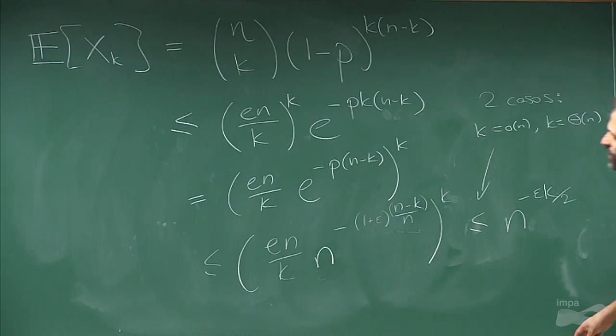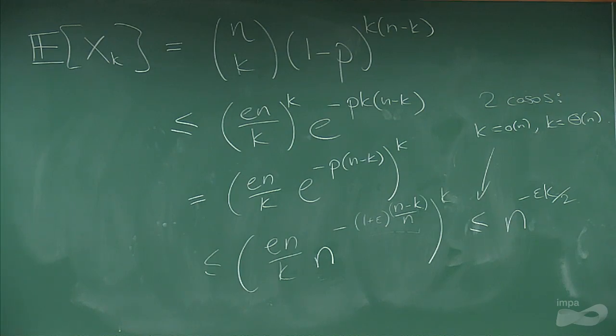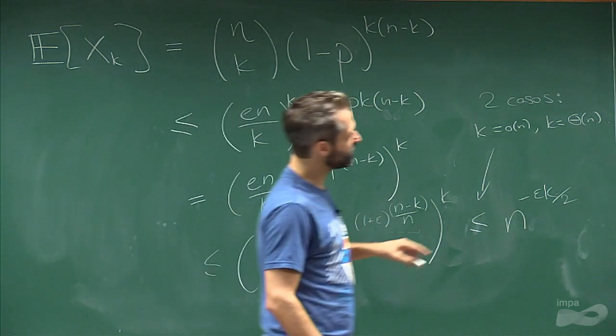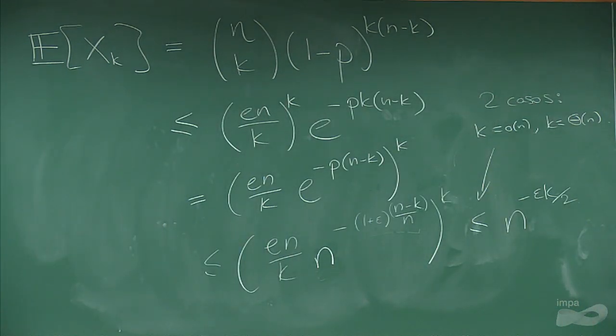Okay. So now we just sum. So what do we have? So what's the argument? The probability that G(n,p) is not connected, by this observation, is at most the sum from k equals 1 to n over 2 of the probability that xk is at least 1.